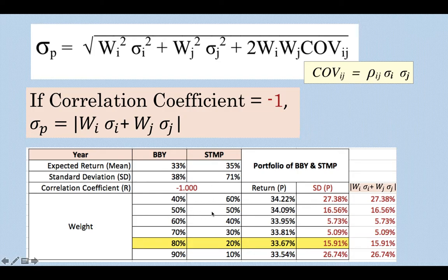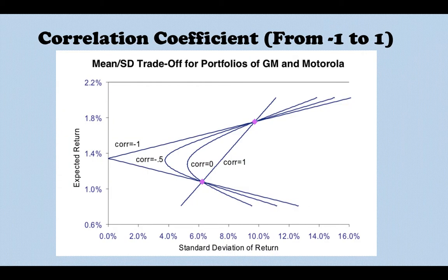You can see that before, at 50-50, the return is the same and the standard deviation was 38%. If the correlation coefficient is -1, this is reduced to 13%. So it really matters.